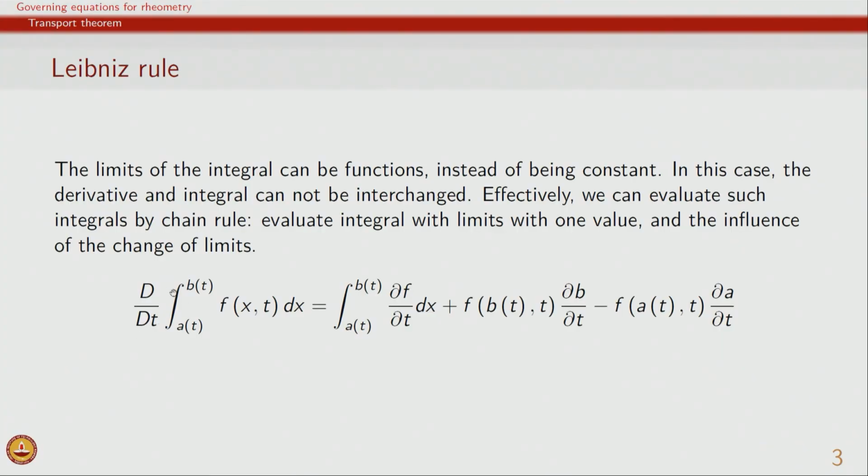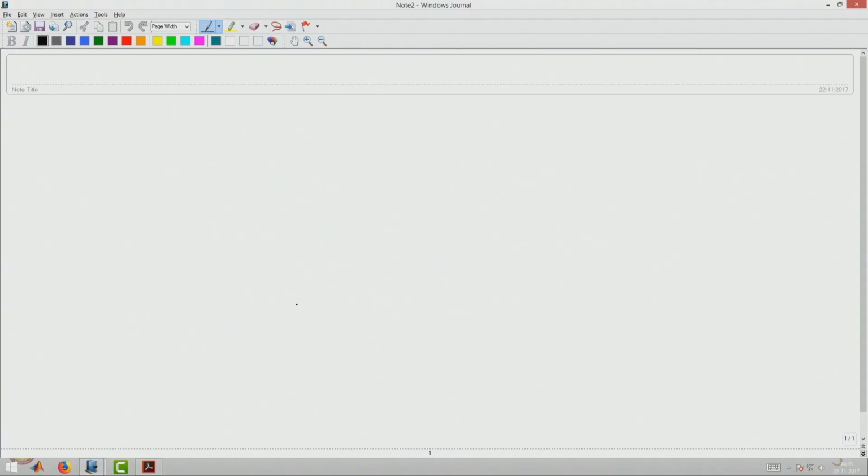So, let us begin with the idea of an integral where the limits themselves are functions of time. So, if you see here, we have an integral of function f, and this function depends on x as well as time, and we want its integral over a limit x. So, essentially what we are looking at is some function which is a function of x and time also, and so this at one particular time, this is how the function varies, but it is a function of time also.